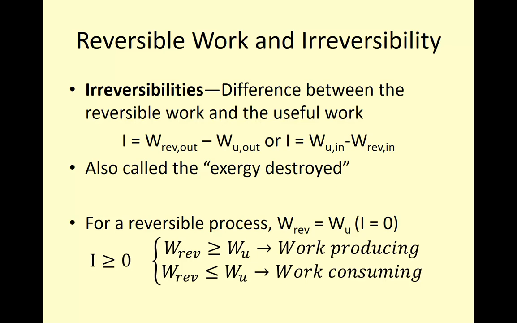Instead of needing a greater power input to overcome friction, if we can reduce the friction, then that power output can be useful in another manner. So again, if a process is reversible, there are no irreversibilities. I is equal to 0, and our reversible work is equal to our useful work. For a work-producing system, the reversible work is greater than the useful work. And for a work-consuming system, the reversible work is less than the useful work.